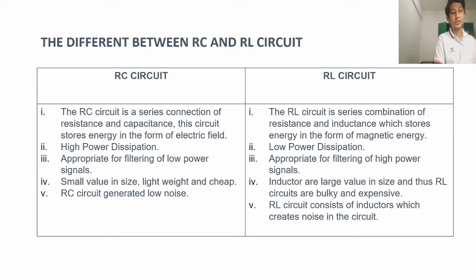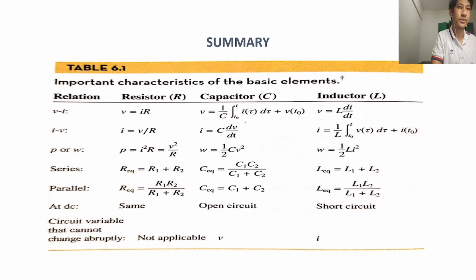This slide shows the difference between the two types of first order circuit and the result of this circuit design. The summary of this presentation is the important characteristics of the basic elements in first order circuits, using this table of equations.